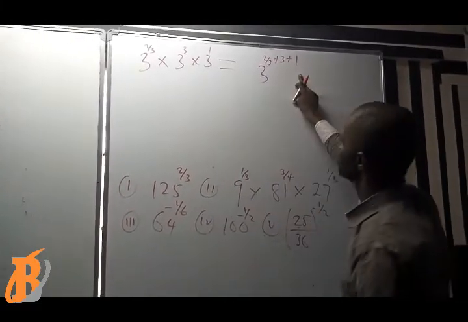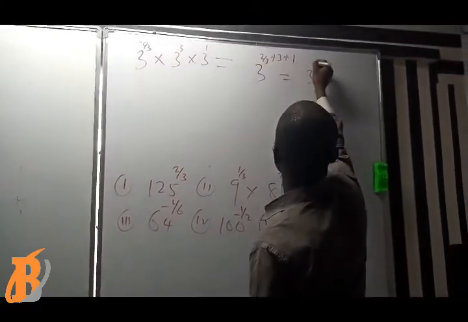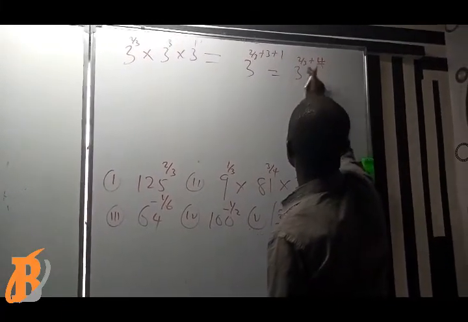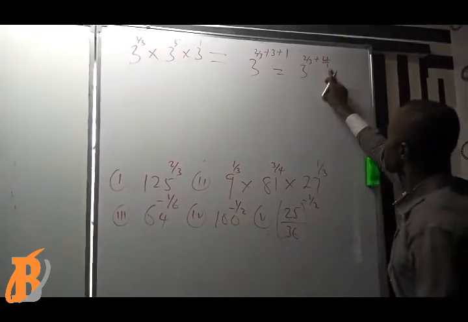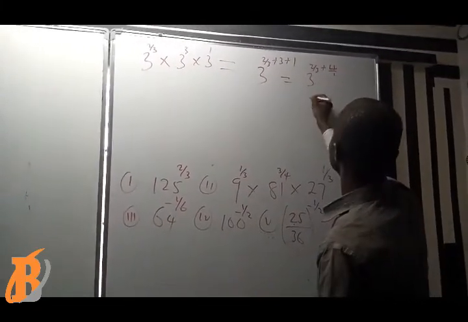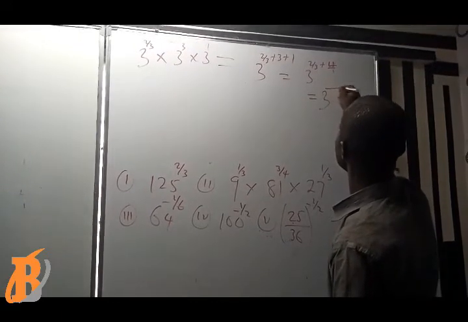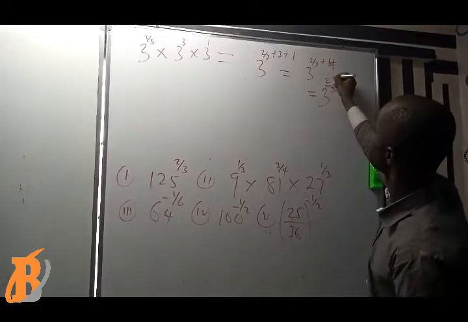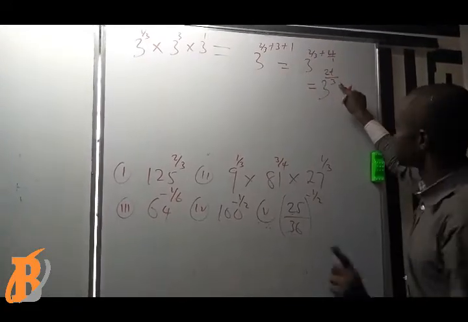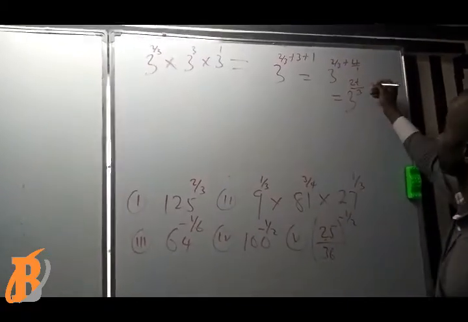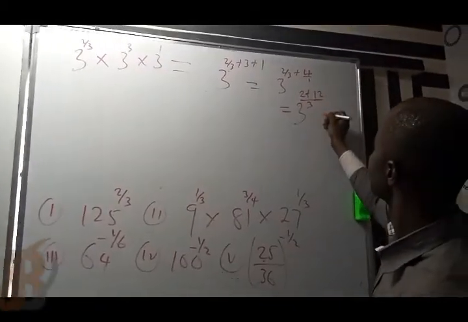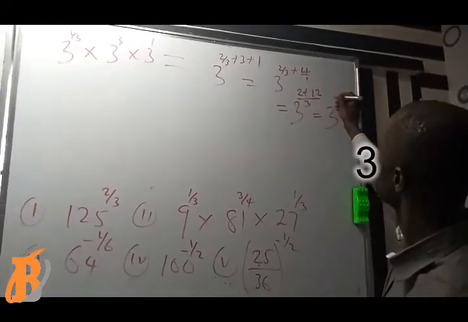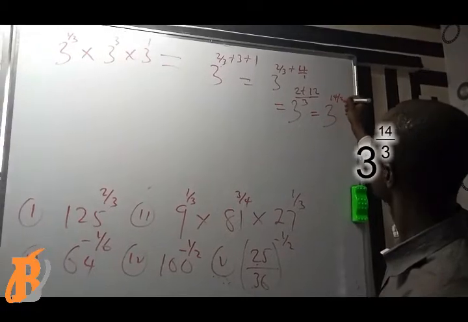The 3 plus 1 is 4, so 3 to the power of 2/3 plus 4 over 1. The LCM of 3 and 1 is 3. 3 goes into 3 once, 1 times 2 is 2, plus 1 goes into 3 three times... wait, 3 times 4 is 12. And then the answer is 3 raised to power 14/3.